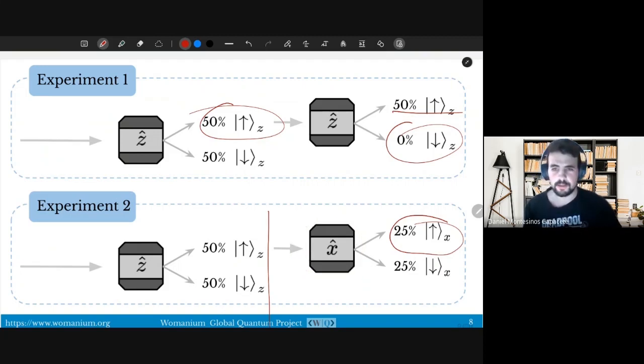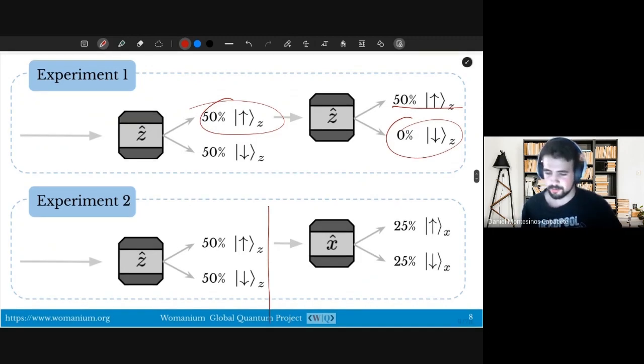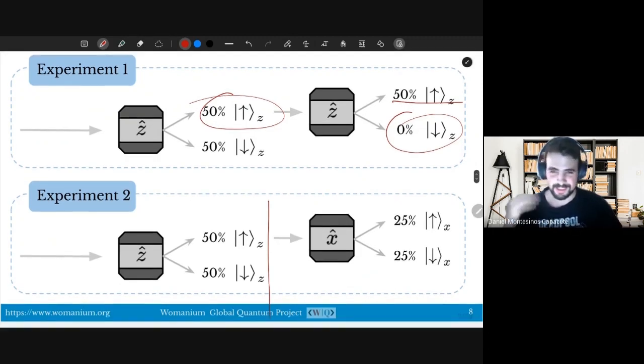And if we do that, we find that from these 50 particles, we have 25 particles that are up in the X direction, and 25 that are down in the X direction also. So this result might be more confusing, right? I don't know what your thoughts are about this, but it will get worse, I believe, with the next experiments.